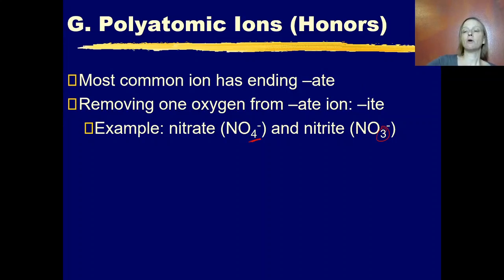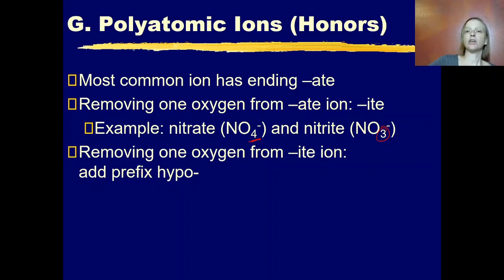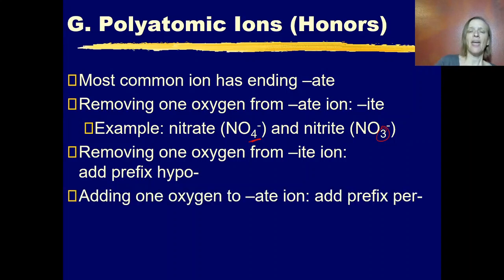Then, if you remove 1 oxygen from the ite ion, you add the prefix hypo in front of the name. And if you add 1 oxygen to the ate version of the ion, you add the prefix per in front of the name.